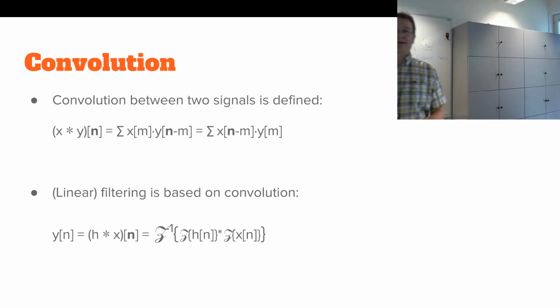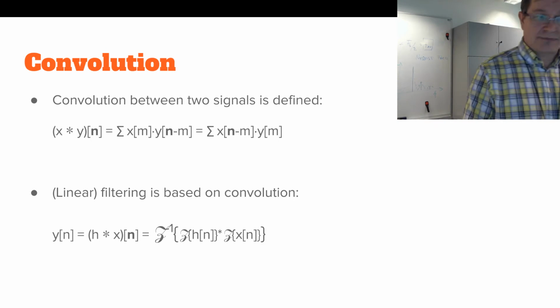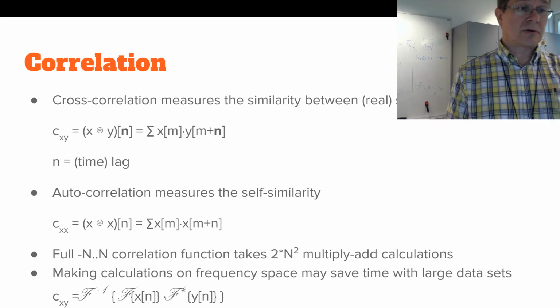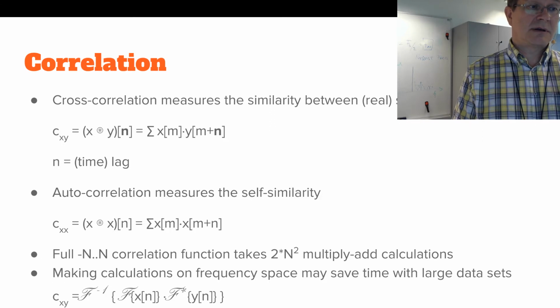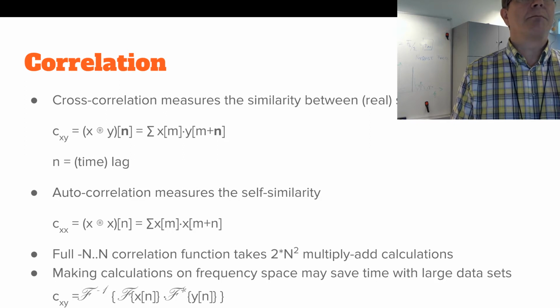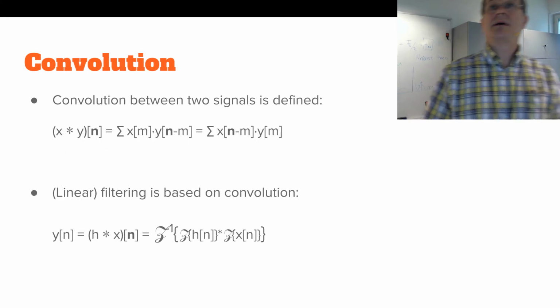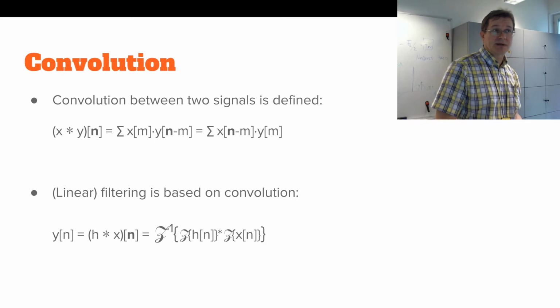Convolution is a little bit different. Very little different, but it has a huge meaning. Correlation is basically sigma, the sum of x of m times y of m plus n. In convolution we have minus n minus m.